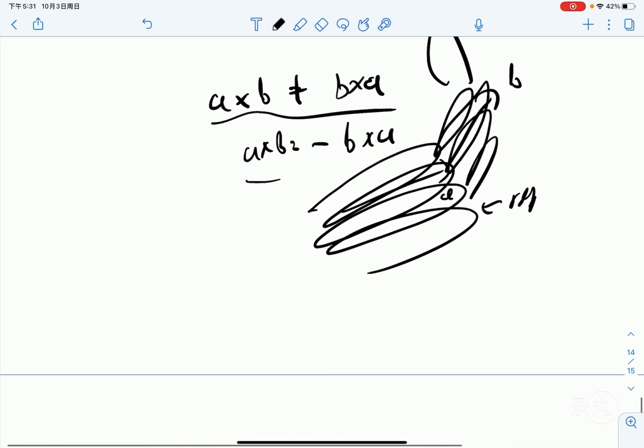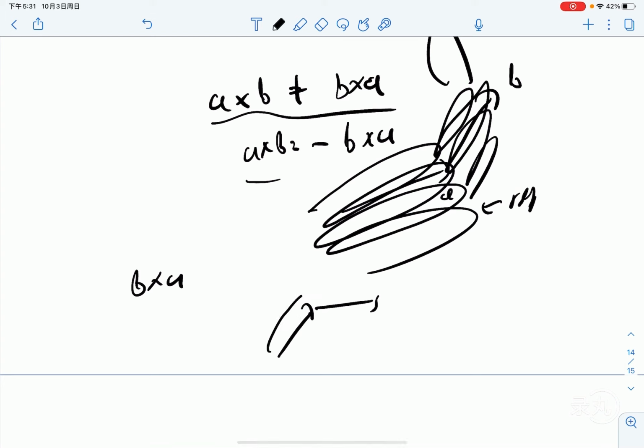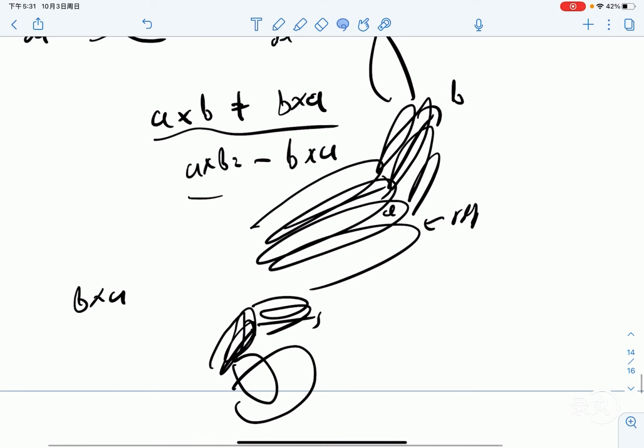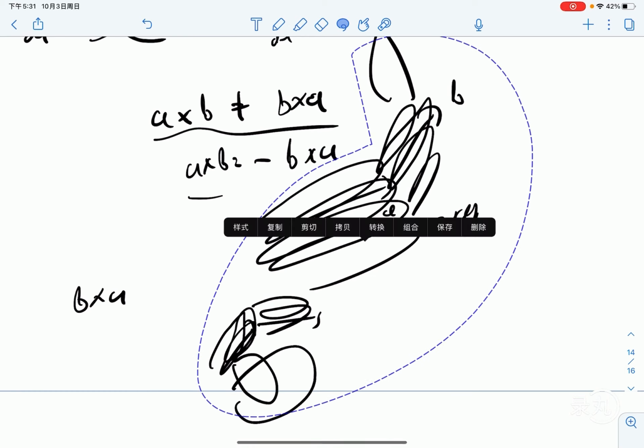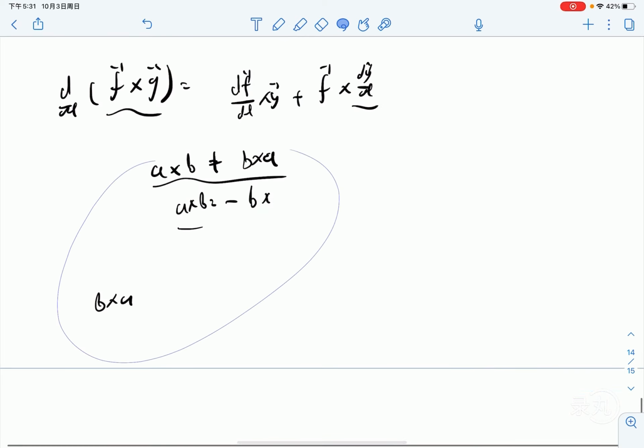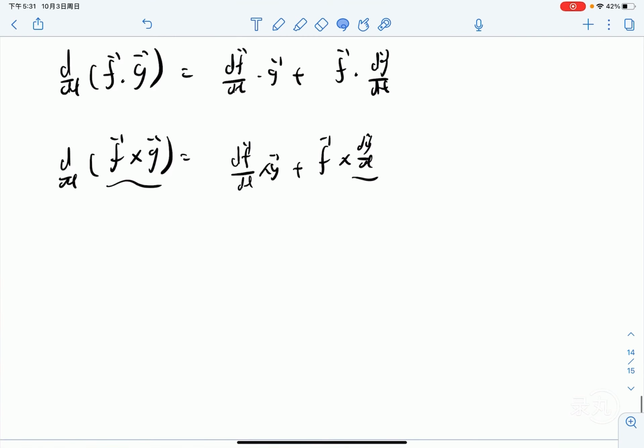And if you're finding b cross a, it's going to be this and this, which is going to be this, and your thumb is going to face that way, which is the opposite way. And now we're done with this lesson.